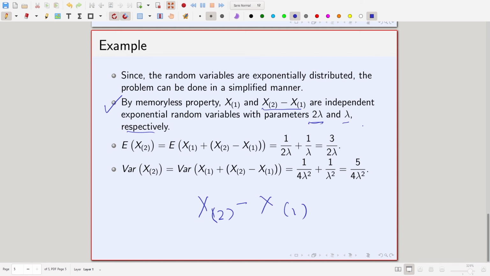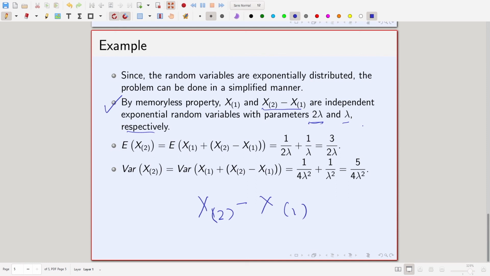That is because we have seen this argument before, like in the previous lecture, that the remaining service time is just the original service time, because of the memoryless property. Here it is the same thing.